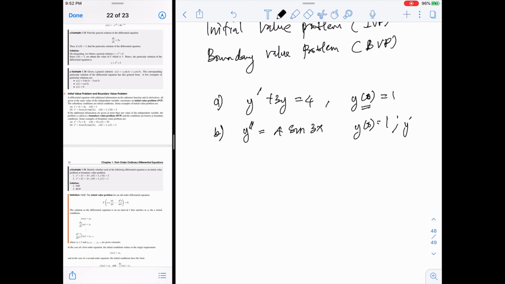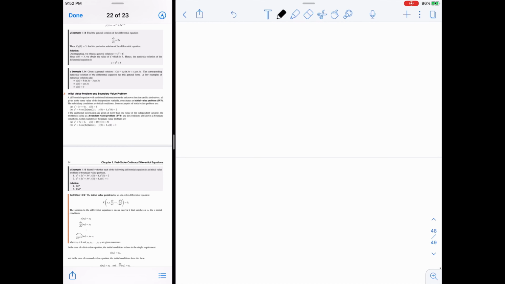By looking at this, there is no change in the point of the condition over here, so we also call it an initial value problem.